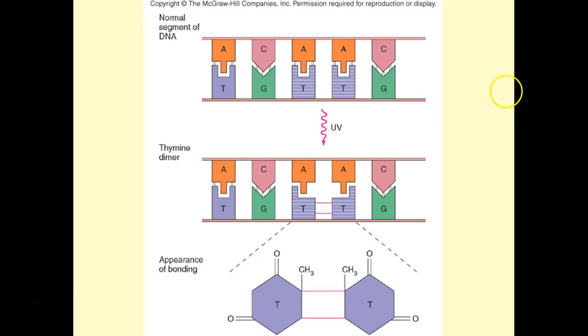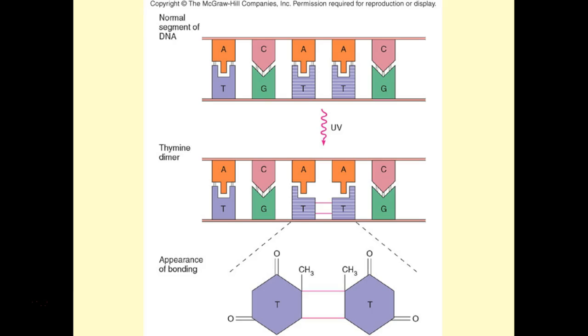Okay, so here you can see we have the nitrogenous bases in DNA, so there'd be the 5' and the 3' strand here. And if ultraviolet light strikes these strands, then the adjacent thymines or adjacent pyrimidines are going to be affected. Both strands of the DNA will be affected. Now, in this example there are no others that would be affected, only these two thymines here, but keep in mind that both strands, the 5' to 3' and the 3' to 5' strand, will be affected by ultraviolet light.